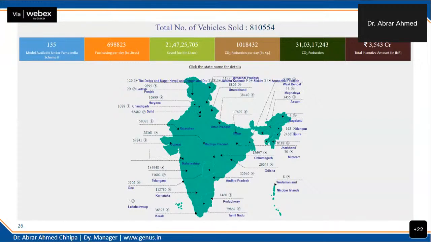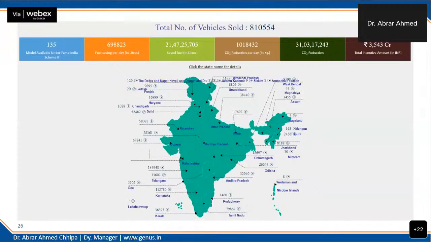This is the dashboard screenshot I took today from the Ministry of Heavy Industries. As you can see, the total number of vehicles sold as of today is 8,10,544, and we have 135 models available under the FAME India scheme 2.